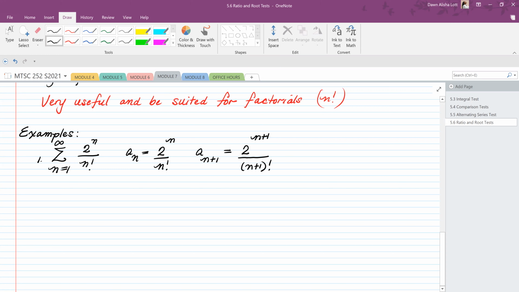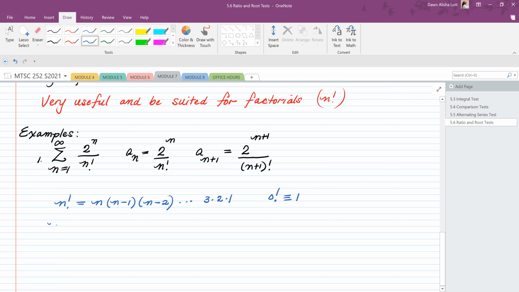Now, if you don't know what factorials are, let me briefly stop to say something about it. N factorial is n times n minus 1 times n minus 2, and it goes all the way down to 3 times 2 times 1. And it is necessarily true that 0 factorial by definition is equal to 1.